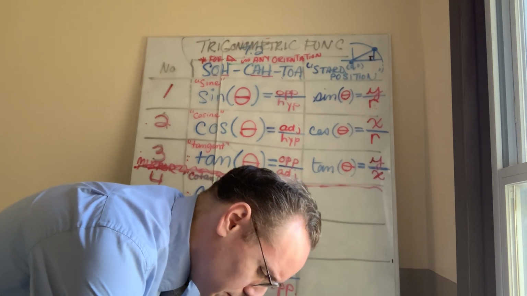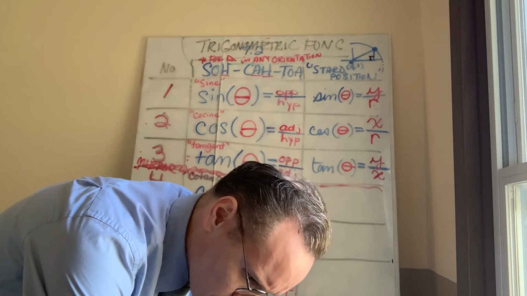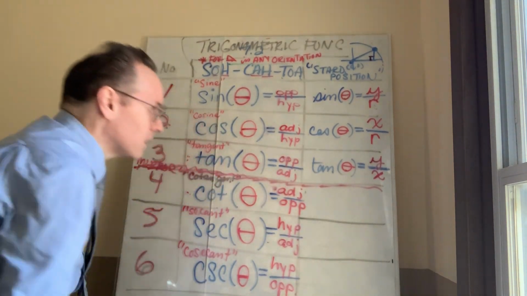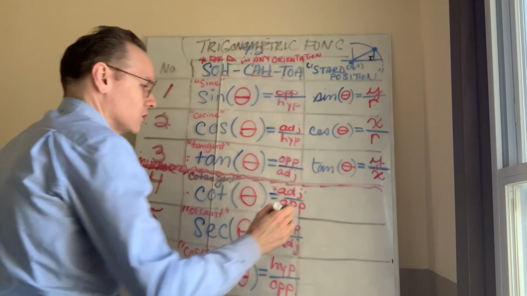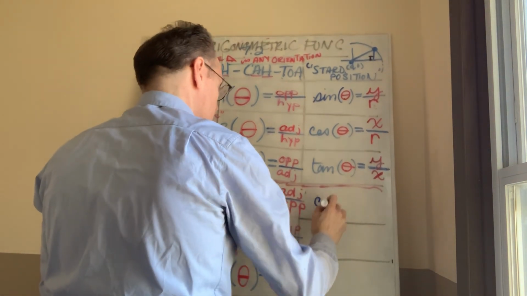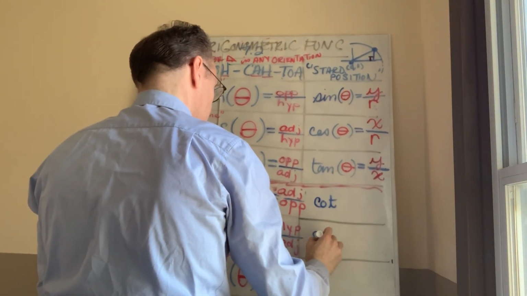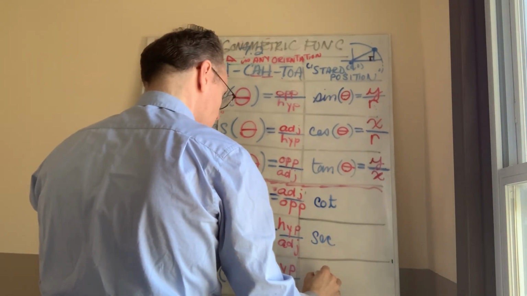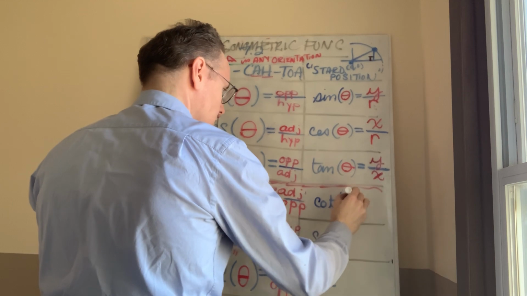I'll give them to you, but I don't think they're immediately important. Let me finish this first. Remember, tangent and cotangent are reciprocals, secant and cosine are reciprocals, and sine and cosecant are reciprocals.